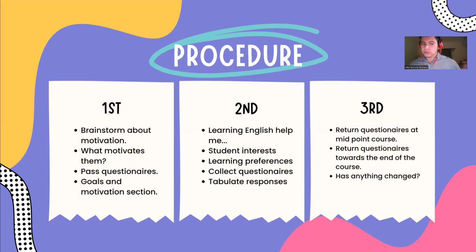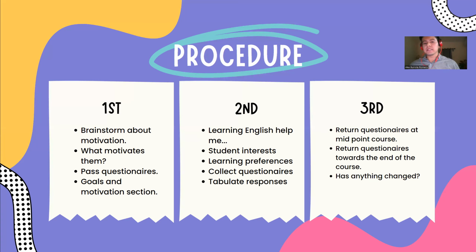Then the teacher is going to take the questionnaires, give them to the students, and tell students, okay, go to this part, which is the goals and motivations section. In this part, students are going to write their goals and motivations for the course, what they want to accomplish and what is going to motivate them.